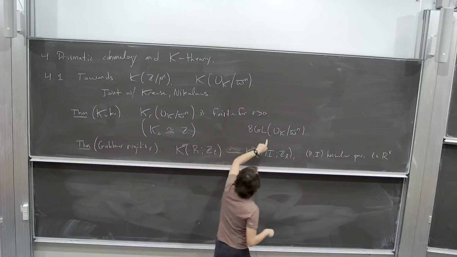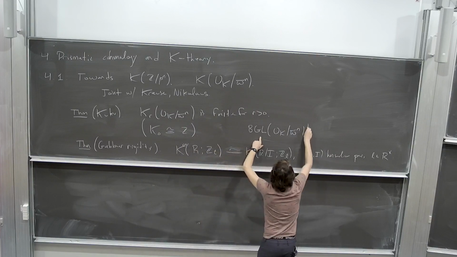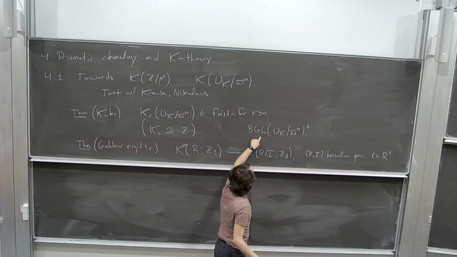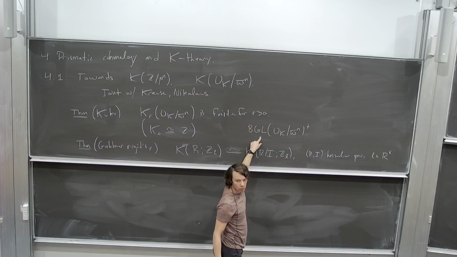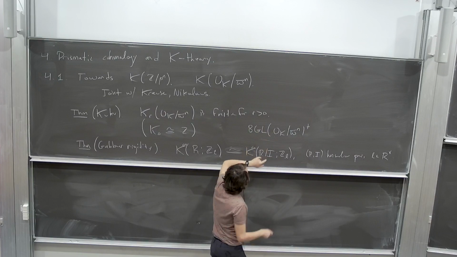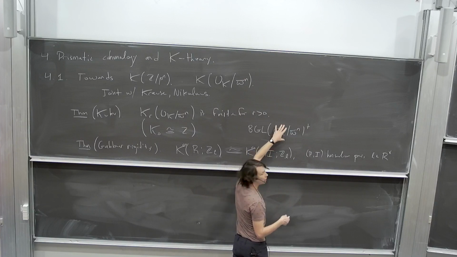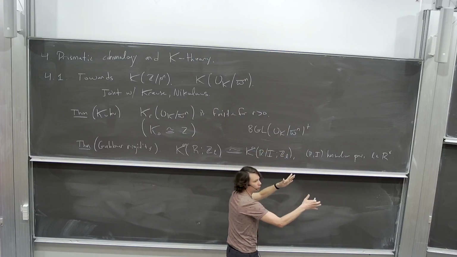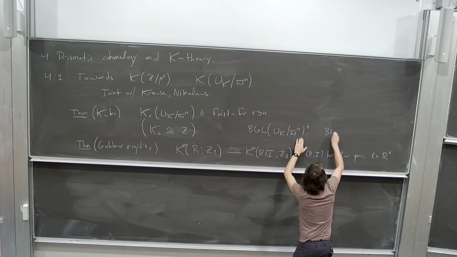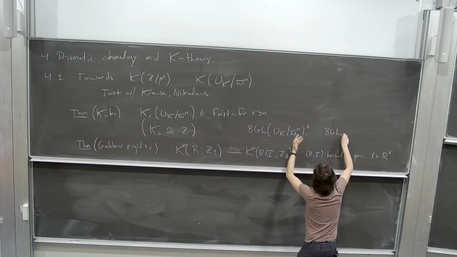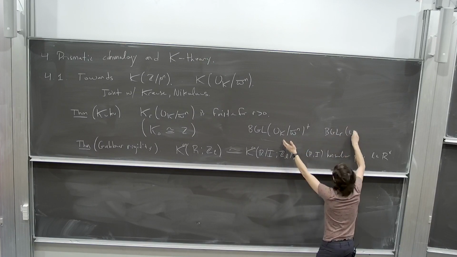You start with BGL and you do this plus construction to it. That's one way of computing the positive part of K-theory. This is an infinite general linear group, but there's some homological stability to reduce the homology in any finite range to a specific BGL_n of O_K mod π^n.